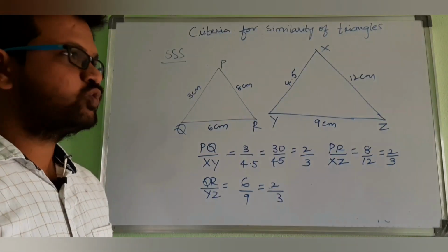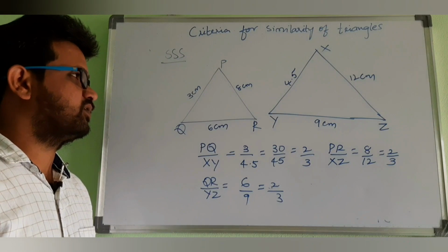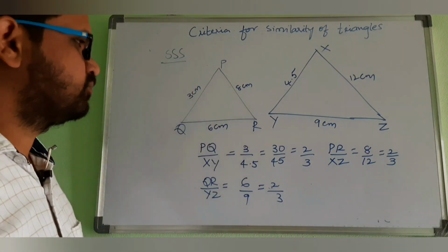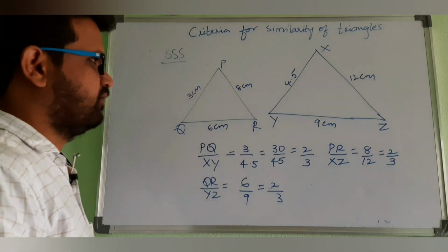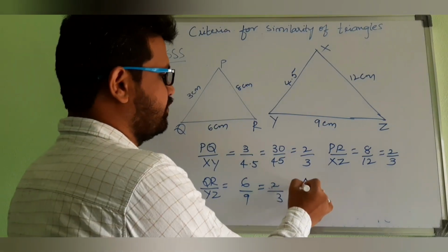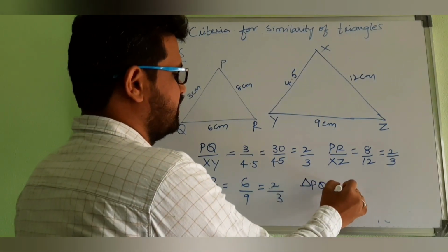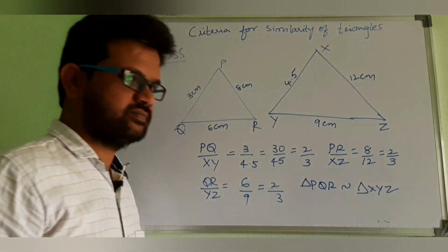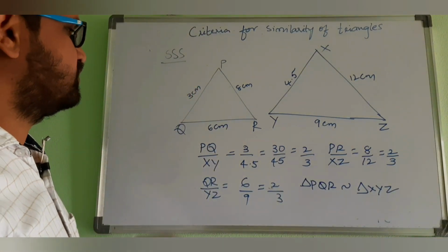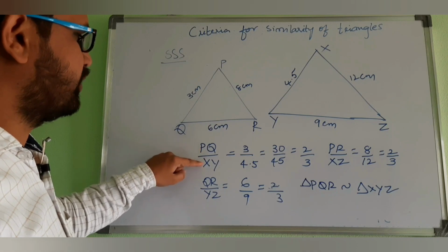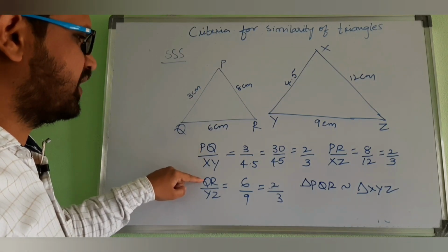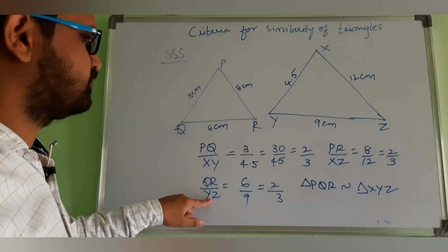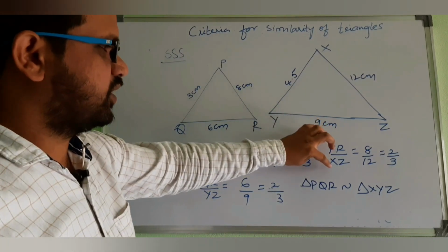How to write the similarity condition for this case? Can we write directly triangle PQR is similar to triangle XYZ? Is this correct? Yes. Why? Because PQ corresponds to XY, QR corresponds to YZ, and PR corresponds to XZ.